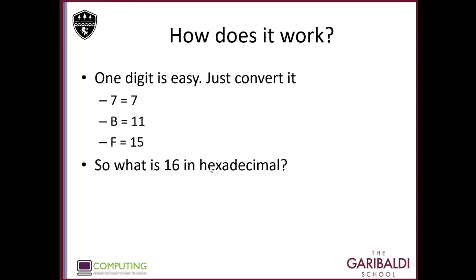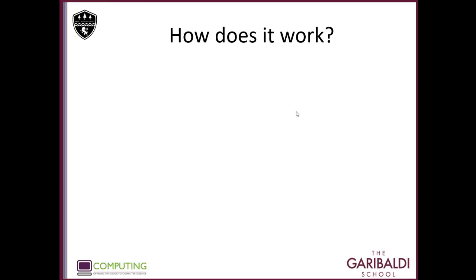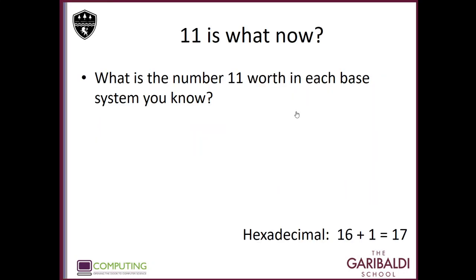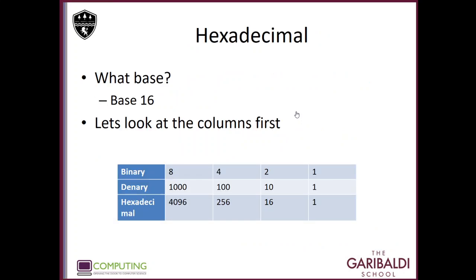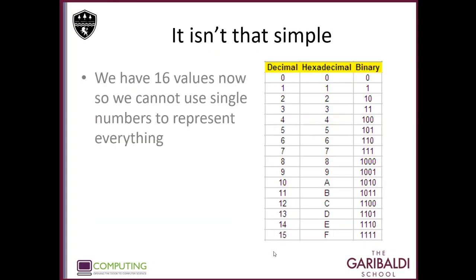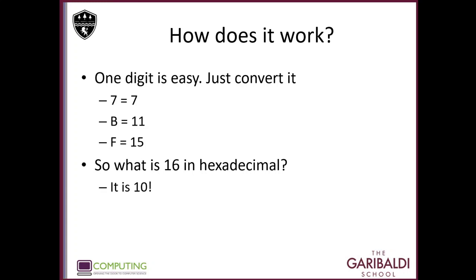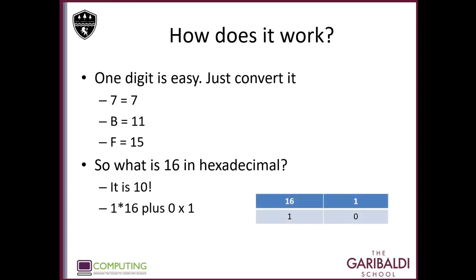If we go back to our columns in the last slide, 16 in hexadecimal is going to be 1 in the 16 column and 0 in the 1 column, so it's just going to be 10.